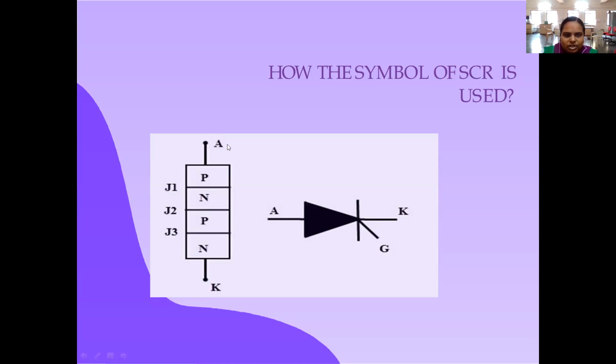The uppermost is the anode, the lower is the cathode, and in between is the gate. The junction between P and N we call J1, the junction between N and P we call J2, and the junction between P and N we call J3. This is the symbol of an SCR, but within it there are 4 layers.